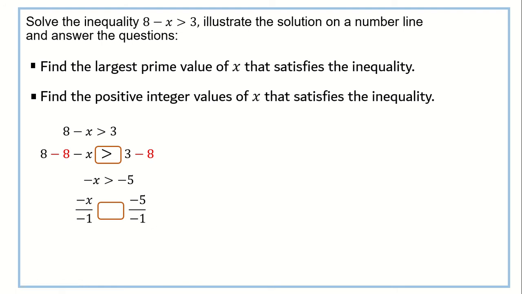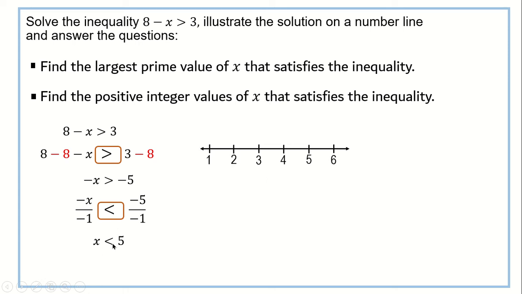So, we will reverse the inequality to get less than, okay, instead of more than. And finally, we get x is less than 5. Let us show this on a number line.